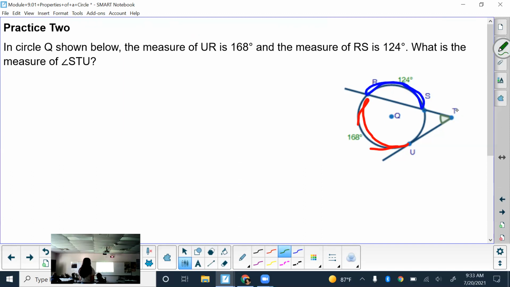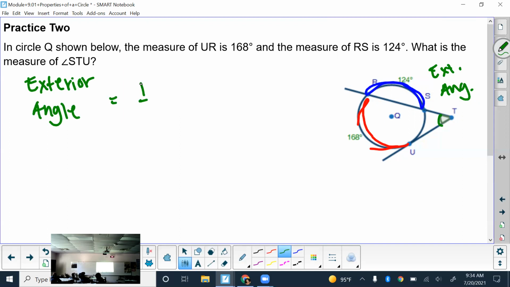That is an exterior angle. It's outside the circle. So use that formula that we talked about. But the part that I wanted to help you with, I still haven't gotten to yet, so I am going to let you do this one. One second. Here's your formula.